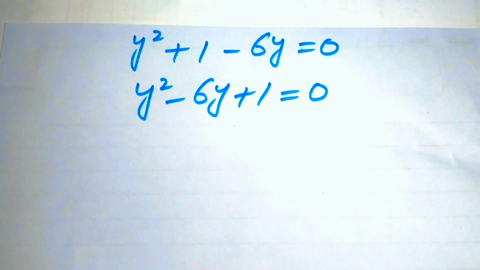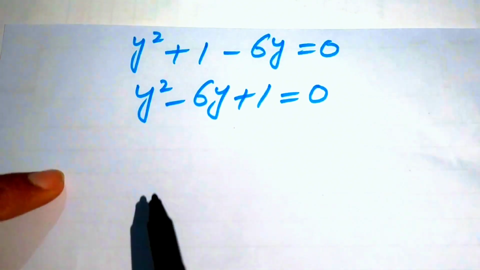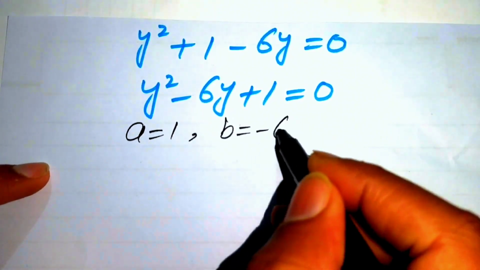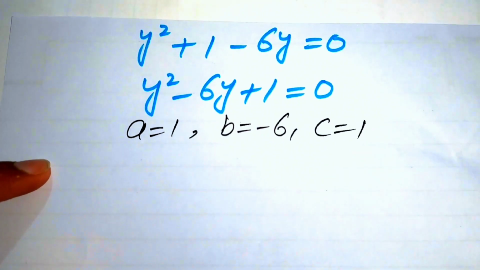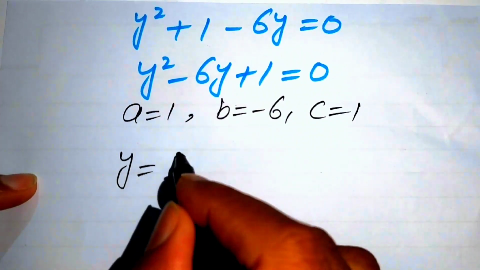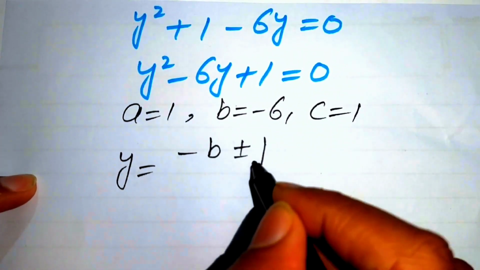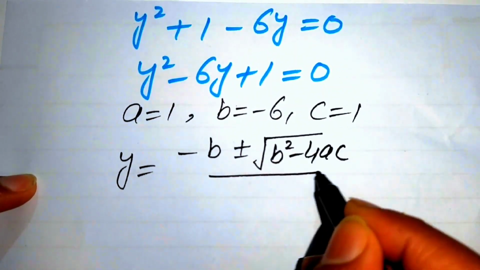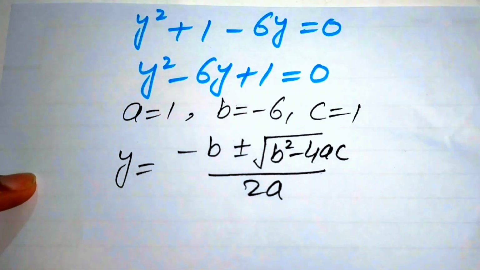So now we factor this equation, and here we have a equals 1, b equals minus 6, and c equals 1. And now we use the quadratic formula. So we have y equals minus b plus minus square root of b square minus 4ac, divided by 2a.